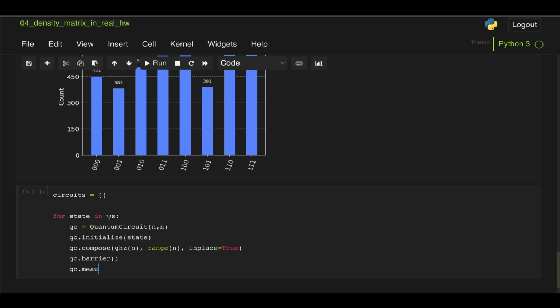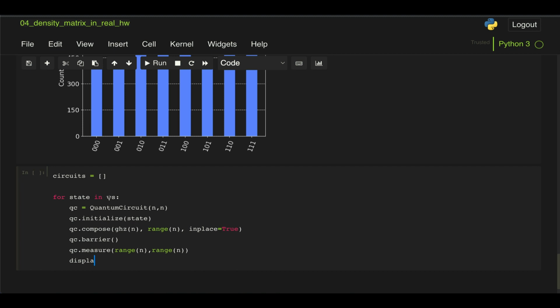And then we're going to measure all our qubits, sending them to all our classical bits. And then I'm going to display each of these circuits by doing qc.draw. And lastly, I'm going to append each of the circuits to this empty list we created up here, so we can then run this through the simulator.